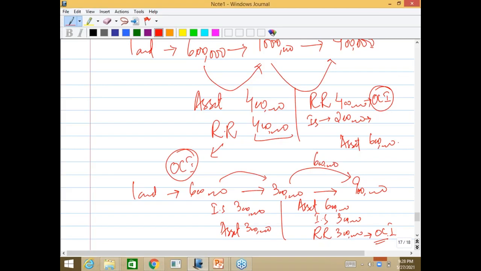I hope I have cleared the concept related to the gain or loss and disposal and what we should report in the OCI. What if this gain is related to the current year?